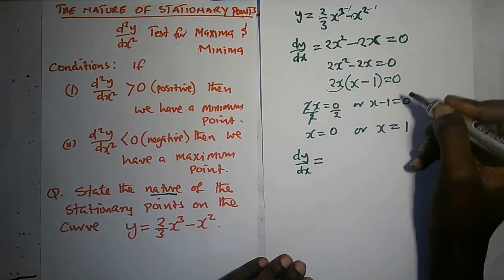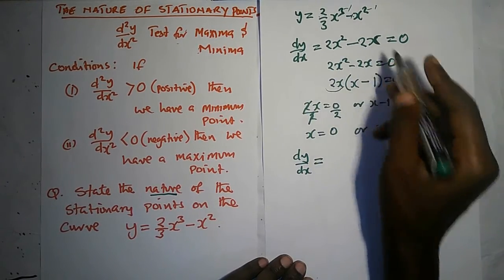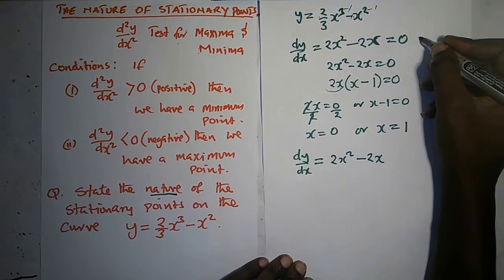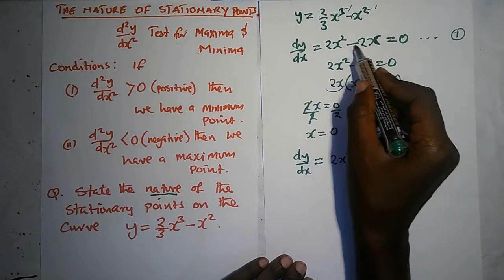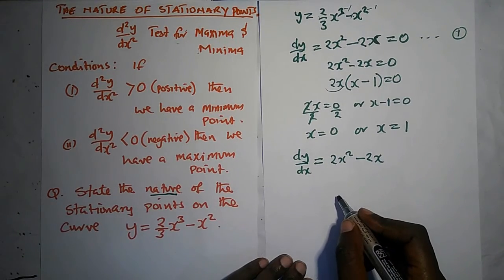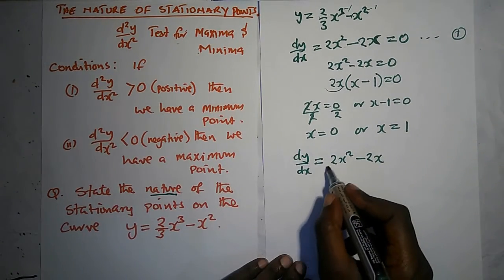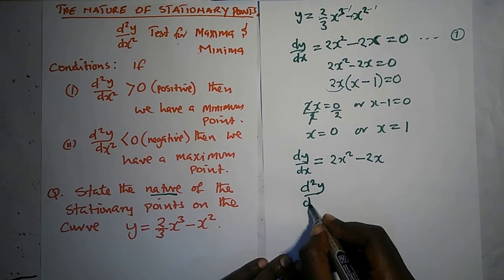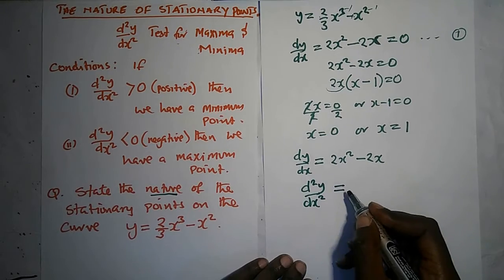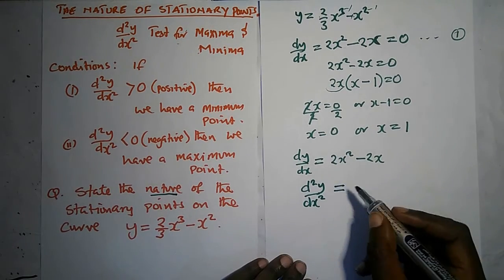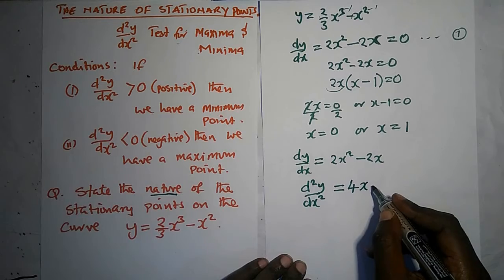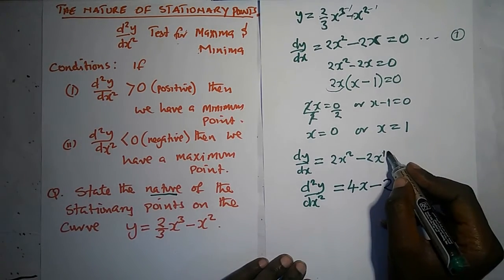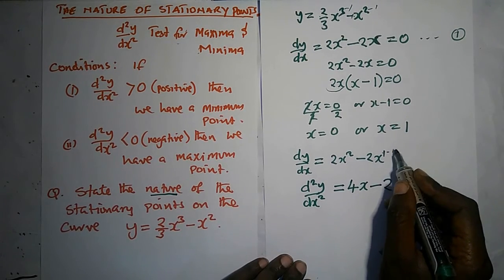Our dy dx is equal to 2x squared minus 2x, which we found here. Now, to find d2y dx2, we differentiate this function again. So d2y dx2 will be equal to 2 times 2, which gives 4x, minus 1 times 2, which gives 2, because you subtract 1 from the power, which gives 0, and x to the power 0 is 1.